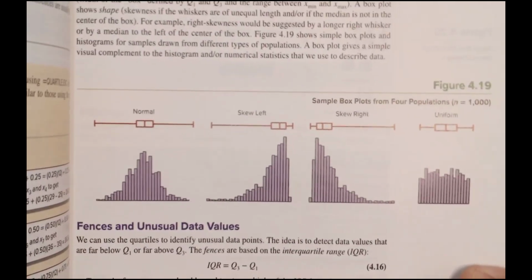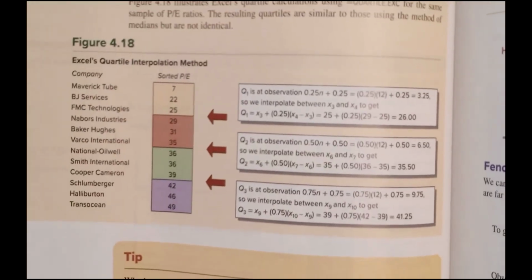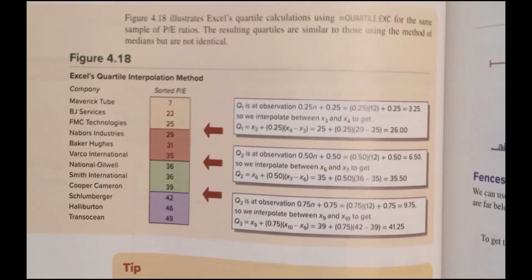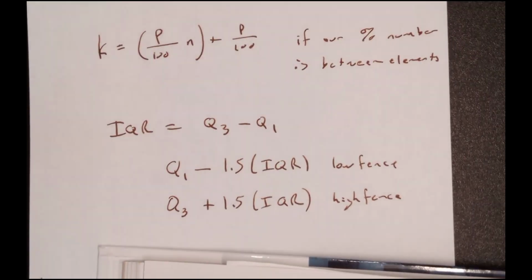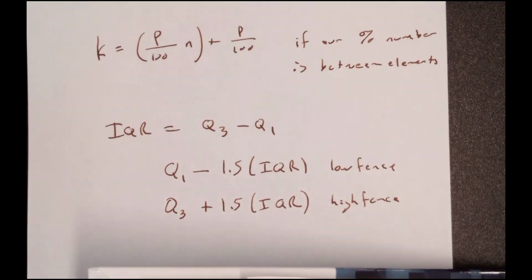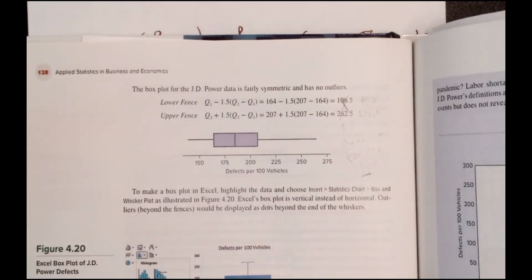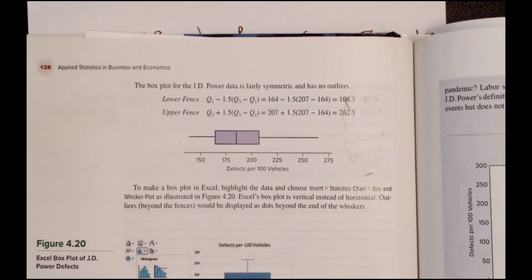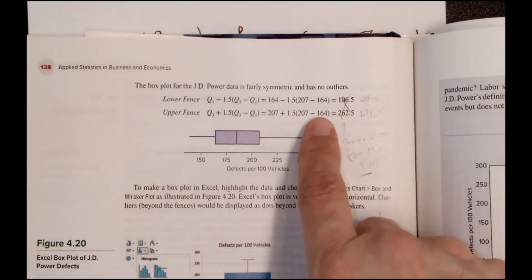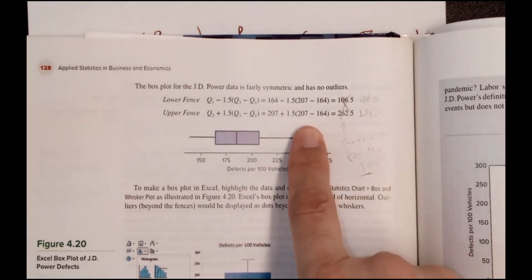There's a bunch of box plot examples here on page 127. There's this interpolation method explicitly written out on 126. There's a typo here. They did the inclusive, not the exclusive.